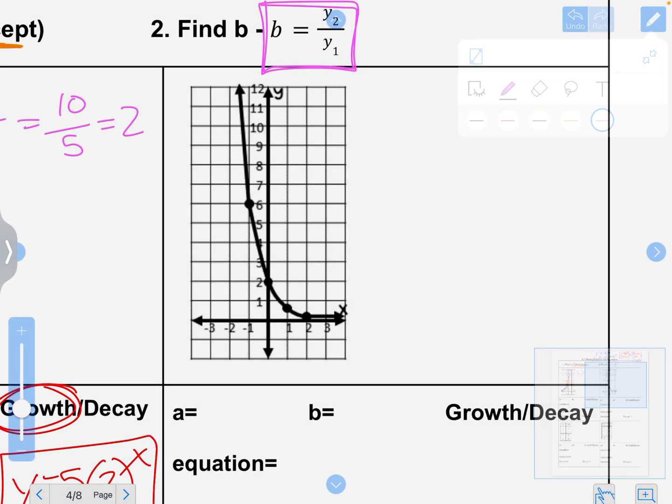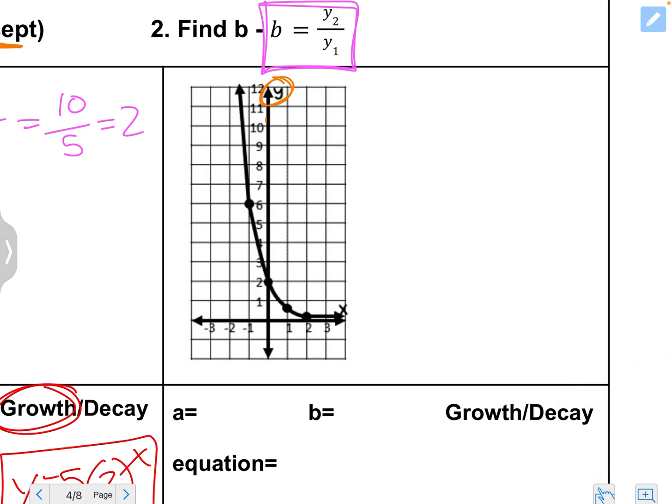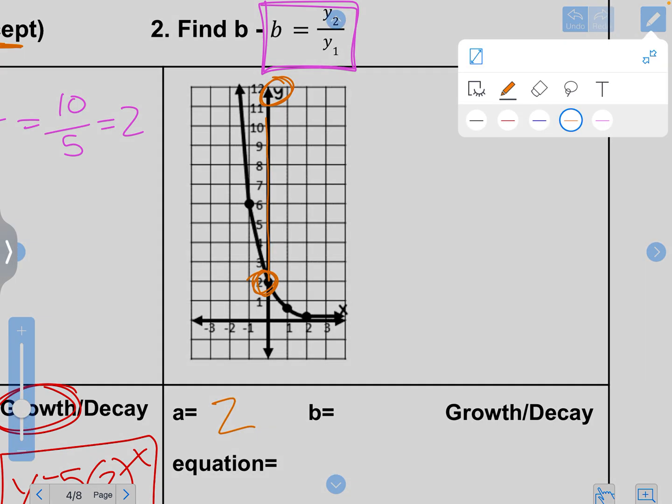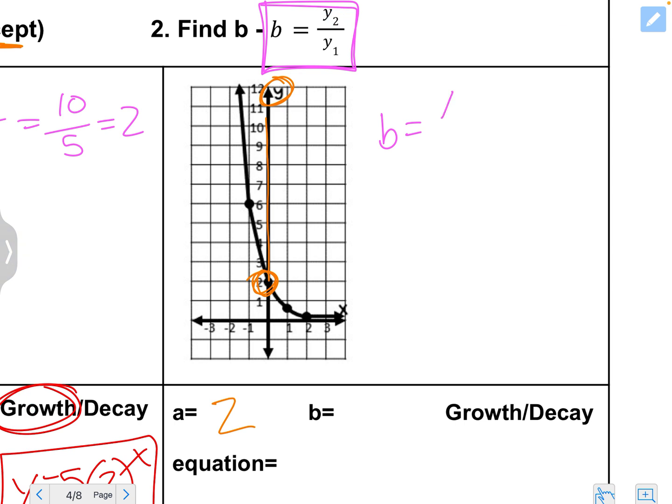All right, so we're going to look at this graph here. We're going to try and find that y-intercept where it crosses our y-axis. So we're just going to kind of trace our y-axis down, and we find our a, which is 2. Now we need to go b, y2 divided by y1. So if I go to the right, I find this point here, but if I follow it to the y-axis, I really don't know what number it is, and I don't want to guess, because if I guess, I'm probably going to get it wrong.